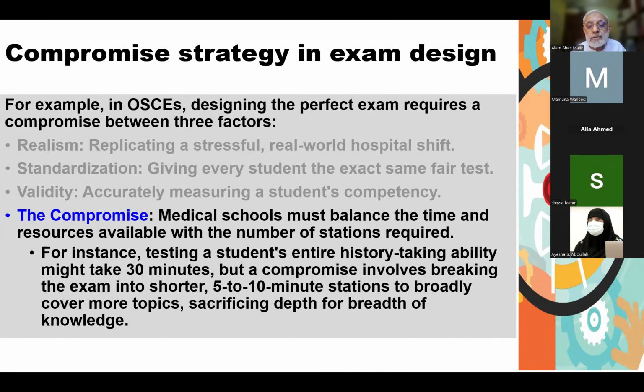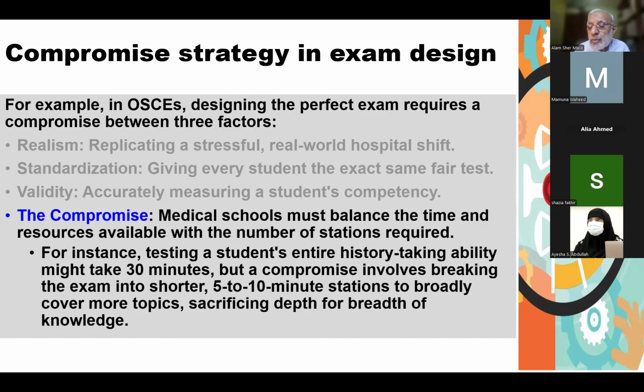So medical schools must balance the time and resources available with the number of stations required. For instance, testing a student's entire history-taking ability might take 30 minutes, but a compromise involves breaking the exam into shorter 5 to 10-minute stations to broadly cover more topics, sacrificing depth for breadth of knowledge.